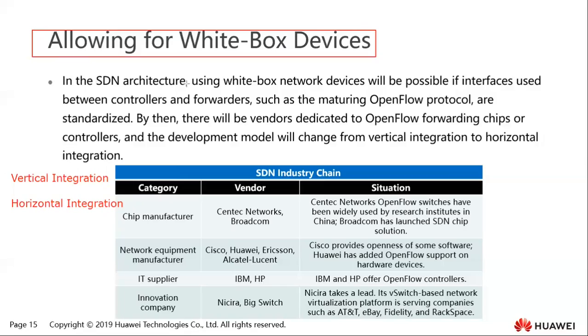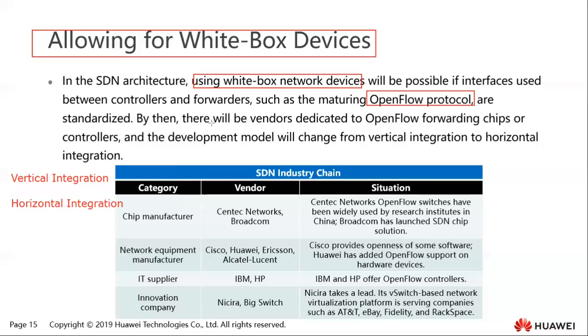So in the SDN architecture, using white box network devices really means devices from different vendors will be possible if the interfaces used between controllers and forwarders, such as the OpenFlow protocol, are standardized. So this is going to be easier to integrate devices from different vendors.